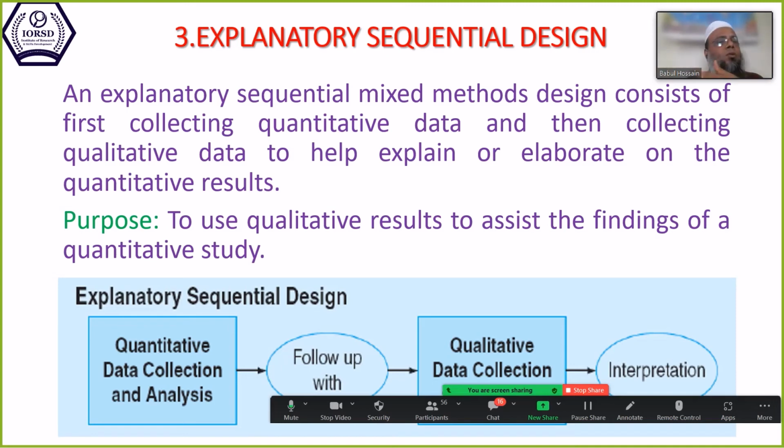From the quantitative results, I find this has a significant effect, and from the qualitative research the experts are also saying these variables have a significant effect. But some variables are not common: they were talked about by the experts, but maybe you did not consider them in the quantitative part.